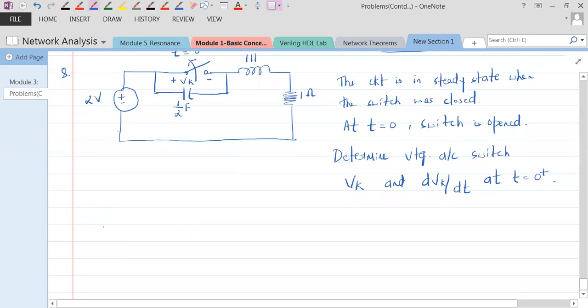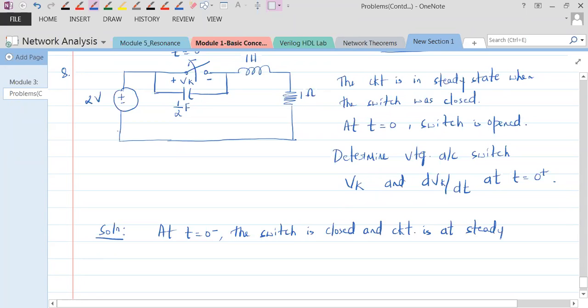So let's do that first and then bother about the first order differential of VK. Okay, so everybody, in the solution, at t equal to 0 minus, the switch is closed and the circuit is at steady state.